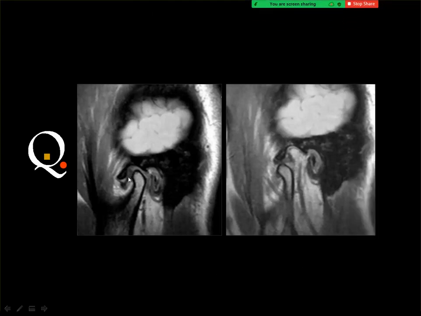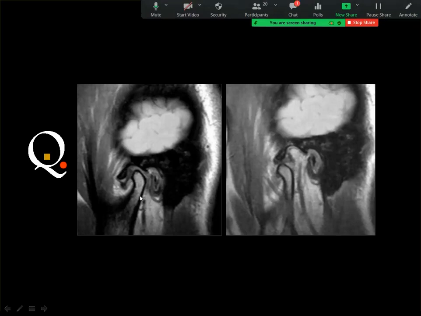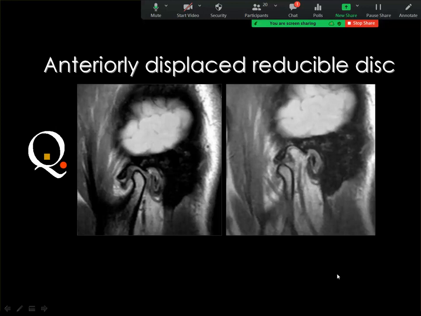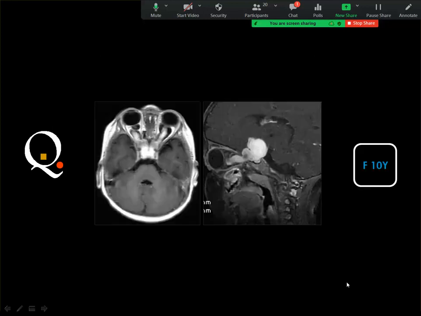You can see that the articular disc is slightly dislocated anteriorly. It is not fitting between the eminence and the condyle in the closed mouth. In the open mouth, the disc maintains its normal configuration and position between the temporal eminence and the mandibular condyle. And this is an anteriorly dislocated reducible disc.